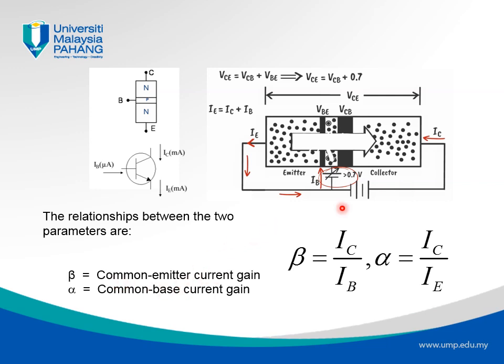So what does common emitter mean? Simply put, common emitter is when the negative terminal or the ground of the base and the ground of the emitter are joined together. So the base and the E are joined together.